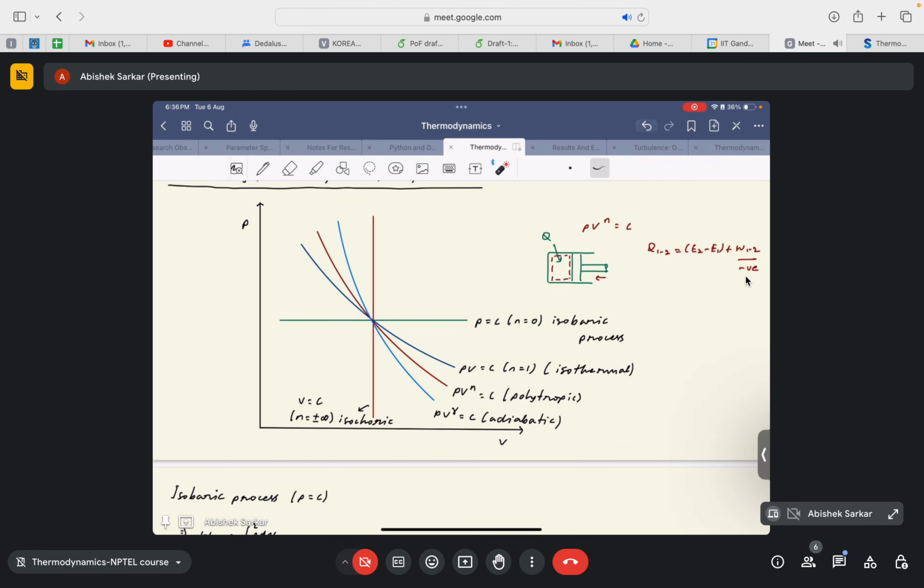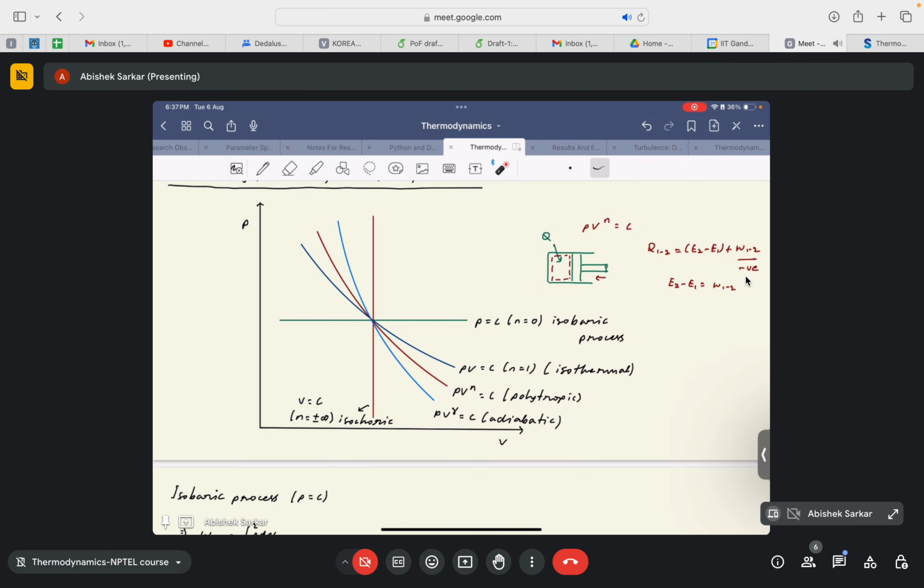So in that case, the net change in the internal energy of the system, E2 minus E1, would be equal to the work done from 1 to 2, because this was negative. If we take it to the left hand side, we have E2 minus E1 equal to work done from 1 to 2. So the net change in the internal energy of the system is primarily because of the work input in the system. There is no contribution of heat in the change of the internal energy of the system.